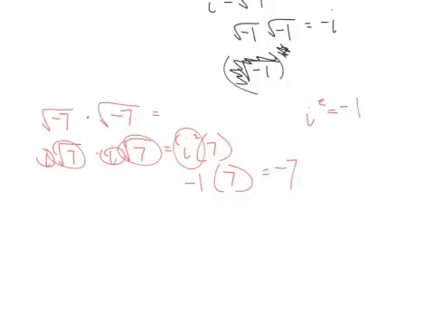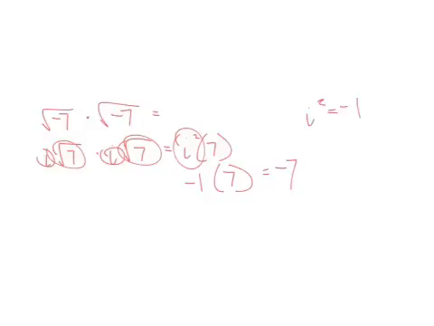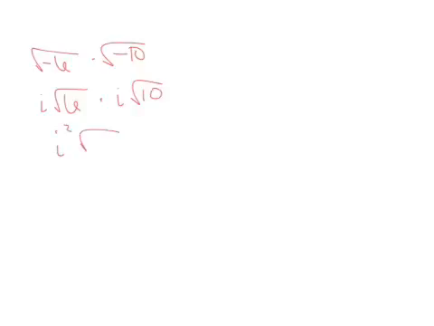All right, so let's keep going here. The square root of negative 6 times the square root of negative 10. Again, get your negatives out of there first. That gives me i squared times the square root of 60.